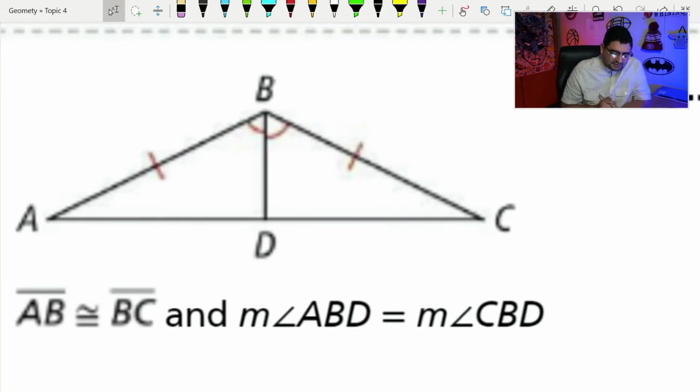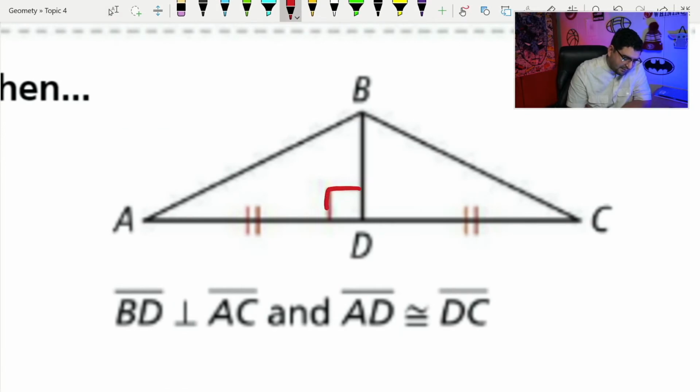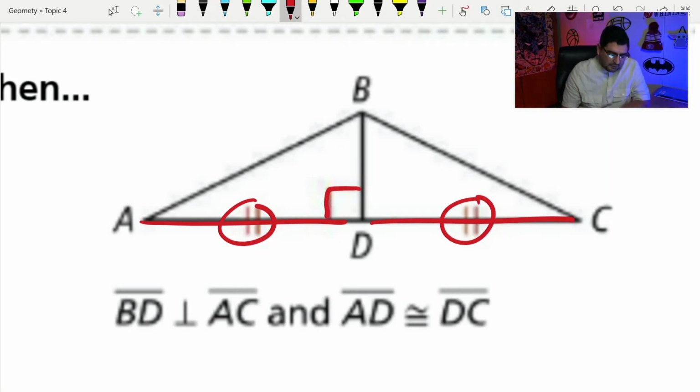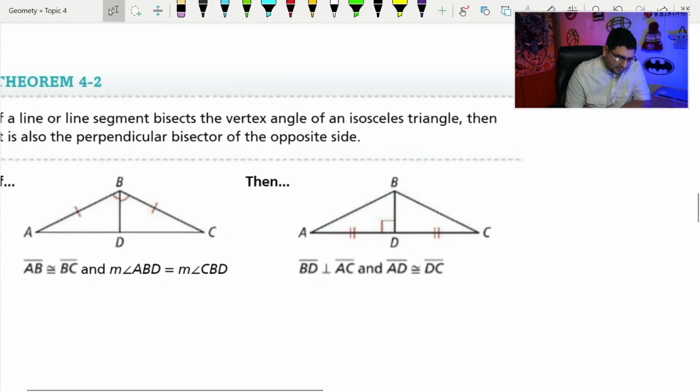If we have an isosceles triangle and there's a line that goes through the middle of it, and that line creates two angles that are equal to each other right here at the top, then we know that this line is perpendicular, so that line makes a 90-degree angle at the bottom, and the two sides, so pretty much AD and DC, would be of the same length. And that is the perpendicular bisector theorem.